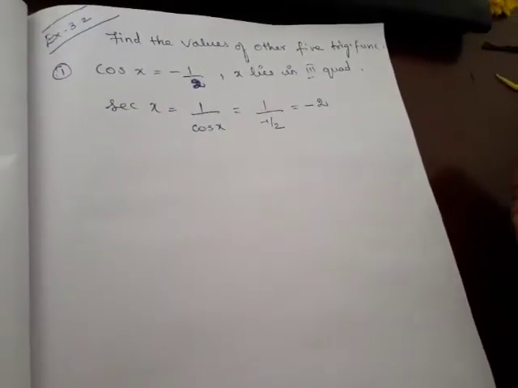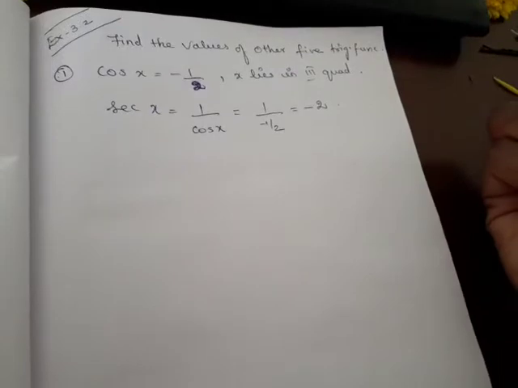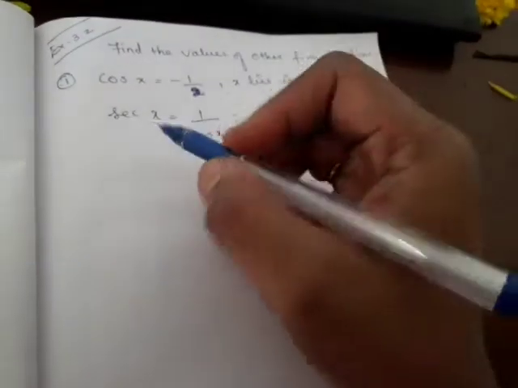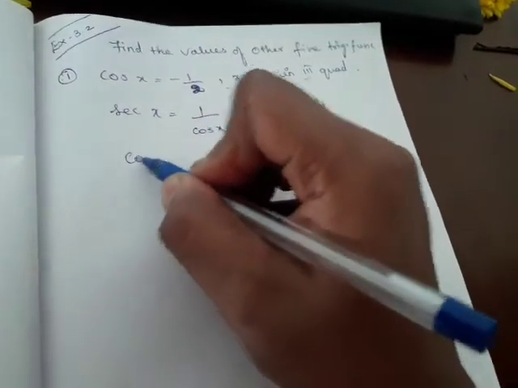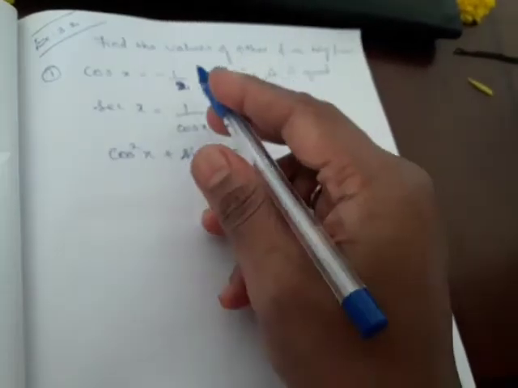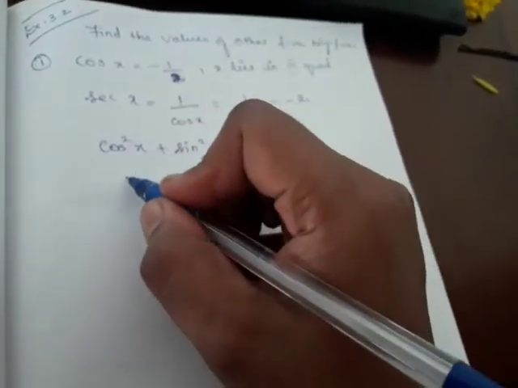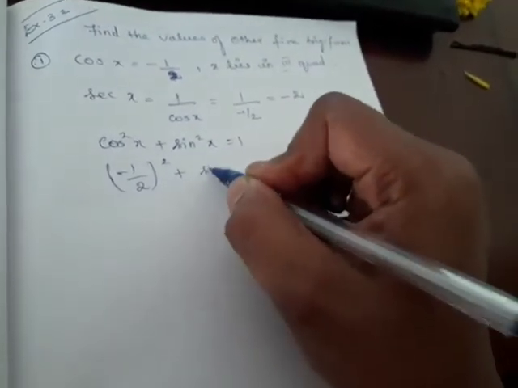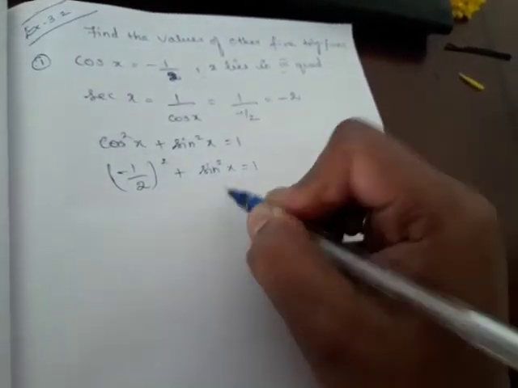Then we need to find the remaining trigonometric ratios, and we know the relation between cos and sine, right? What is that identity? Cos square x plus sine square x equals 1. Now cos x is -1 by 2, so cos square x will be (-1 by 2) the whole square, plus sine square x equals 1.